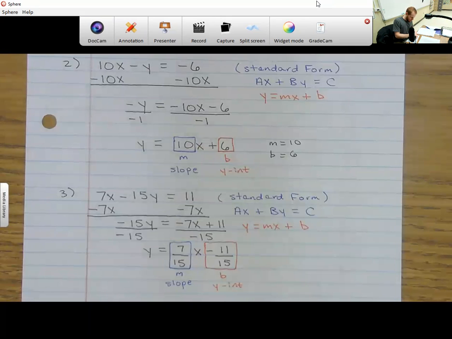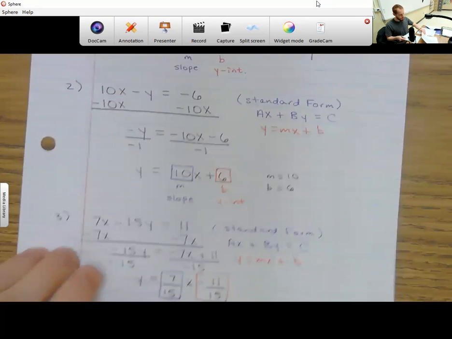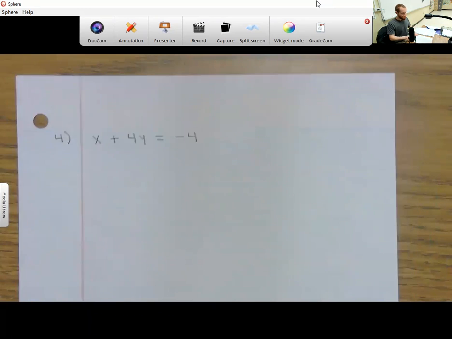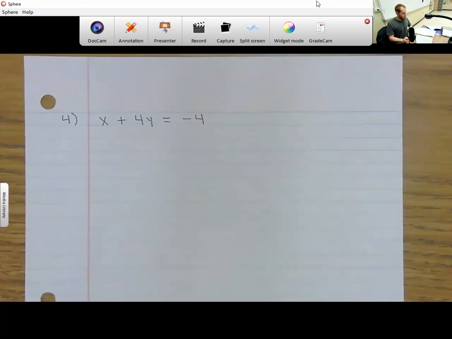X plus 4y equals negative 4. Okay, see if you can get this one before I get it. But remember, you also have to identify your slope and your y-intercept when you get done.